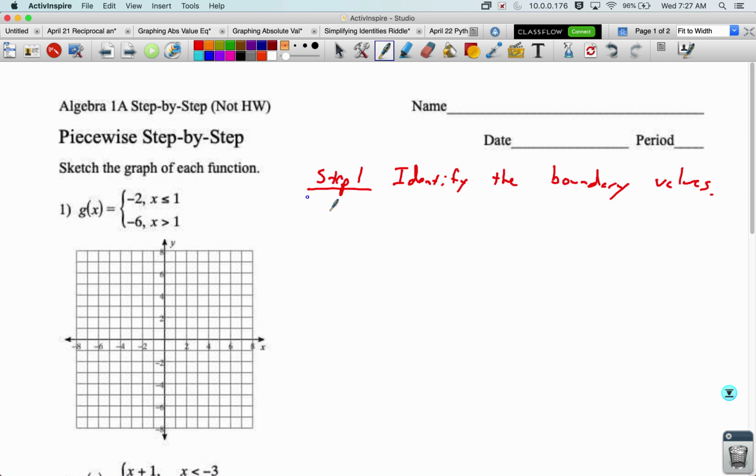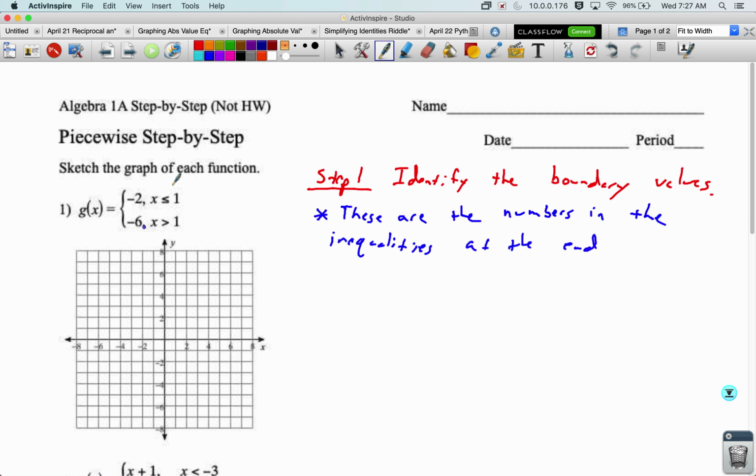So I'll just kind of make a note here. These are the numbers in the inequalities at the end.